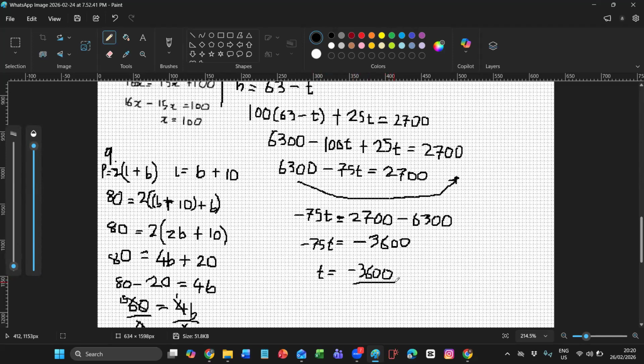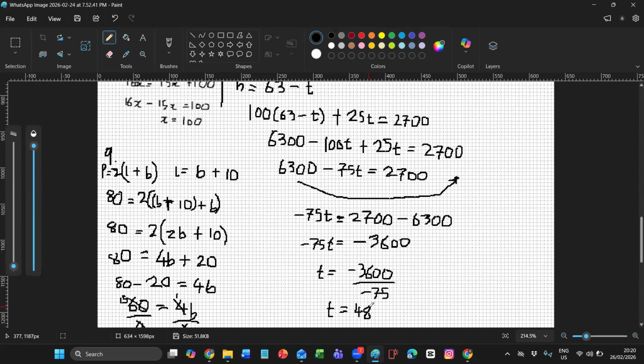Would you still have minus? The minus has cancelled itself, so it will be a positive answer. So what did you get? 48. Yes. Nice. So we have found what T is.